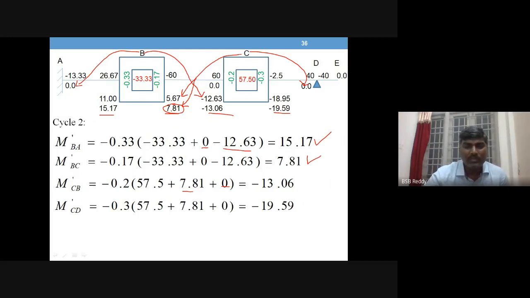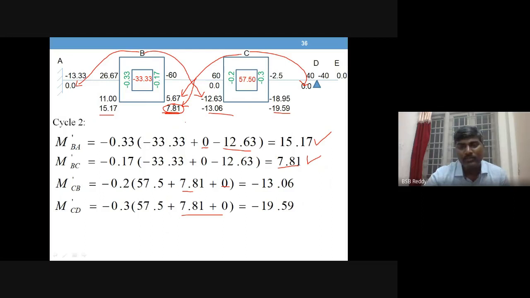That means that is a mistake that you are going to commit. Okay, so once you find the 7.81 value, if you update it here, then we will be taking that as far end rotation contribution for the next joint calculation.